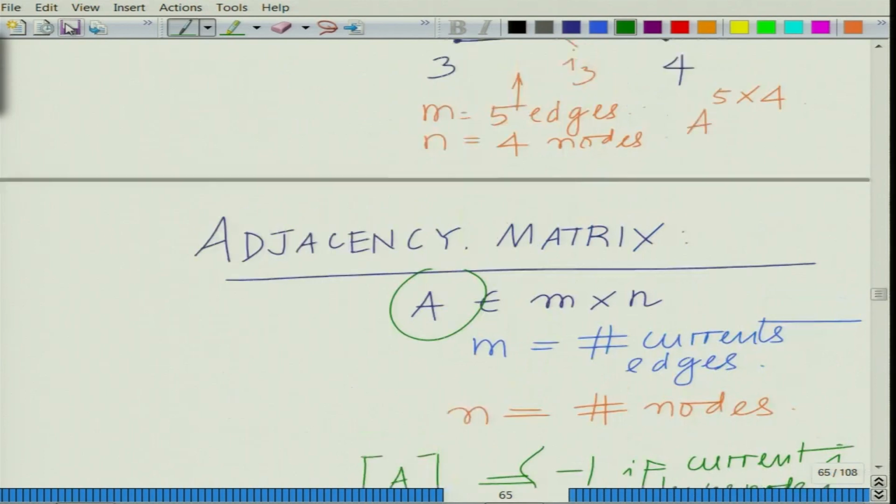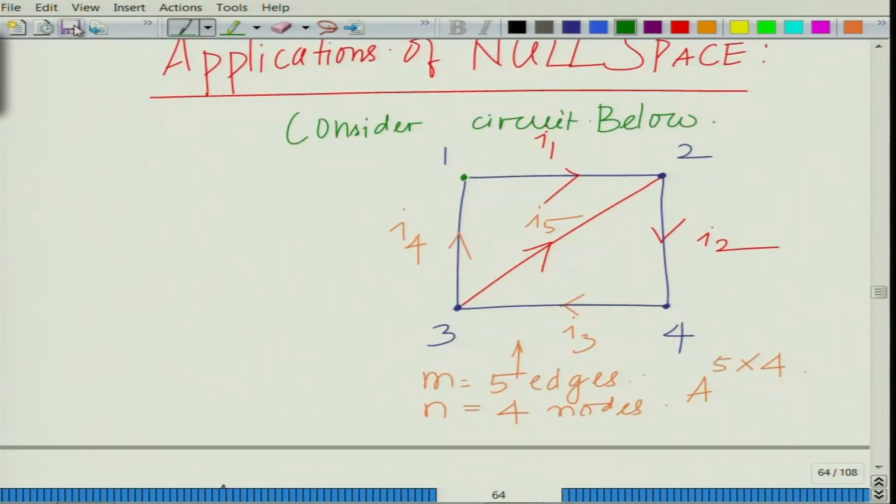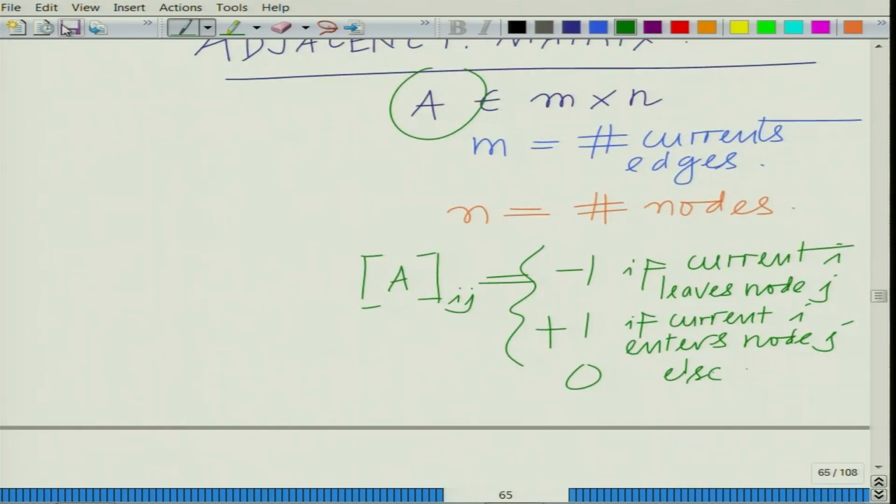So, Aij equals minus 1 if the current i leaves node j, plus 1 if the current i enters node j, and if neither is happening, then Aij equals 0.